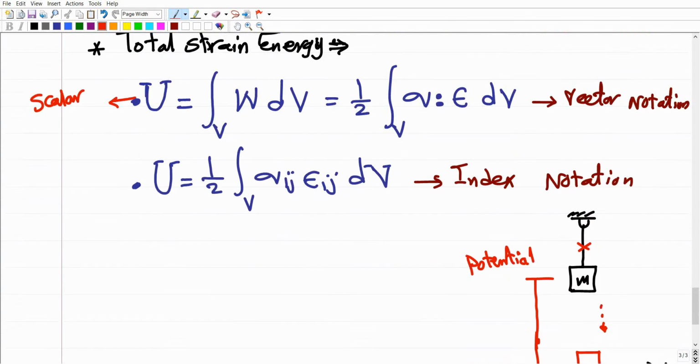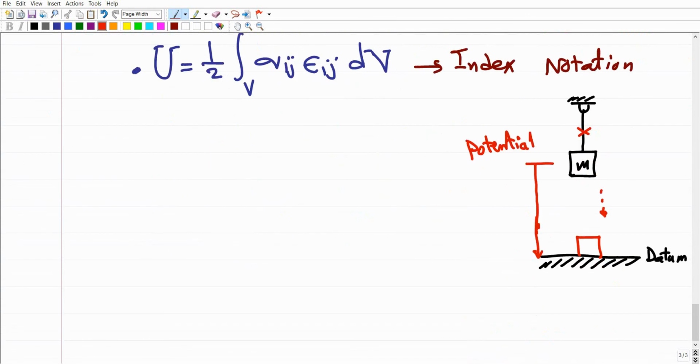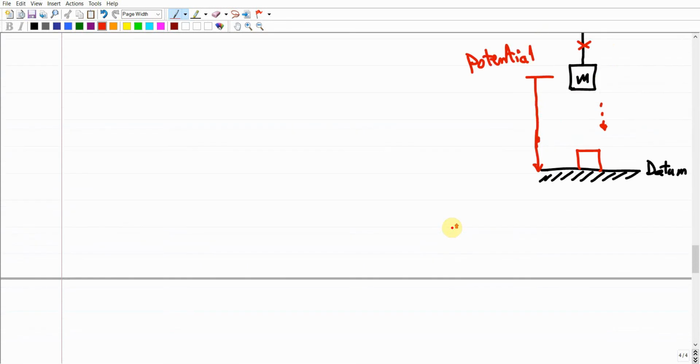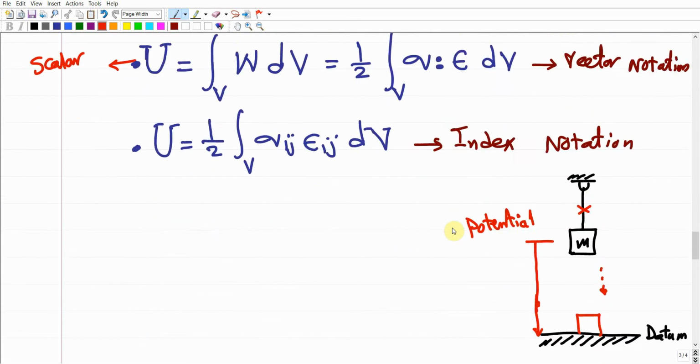So that's why, when we talk about the total potential energy, this is the new thing here. We defined the strain energy, which is one of the potentials.